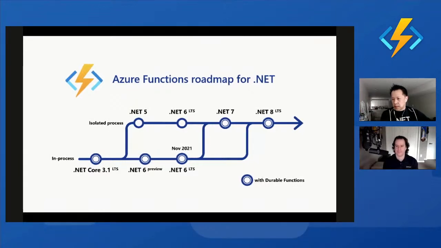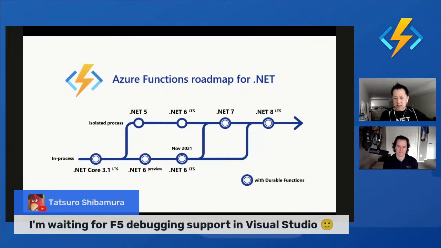And we also have a question about F5 debugging support in Visual Studio. That is so close. At this point we are in alignment on releases. The Visual Studio team working with the functions extensions are working hard on this.